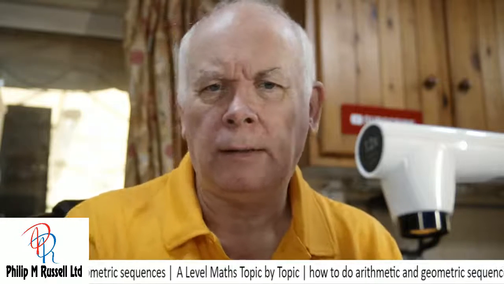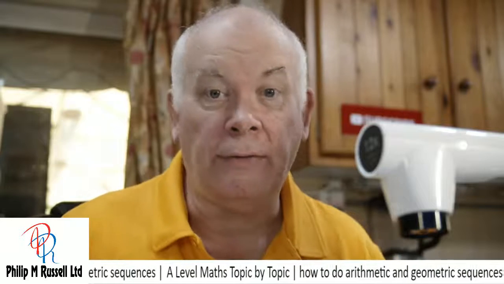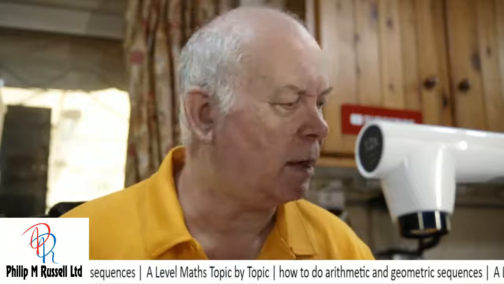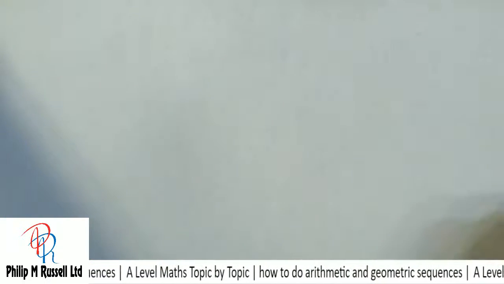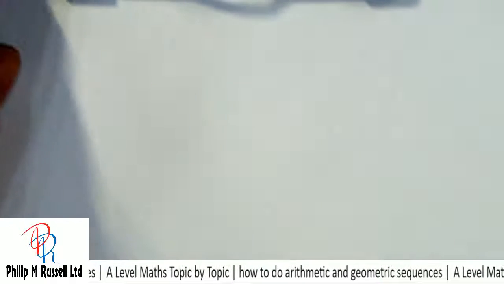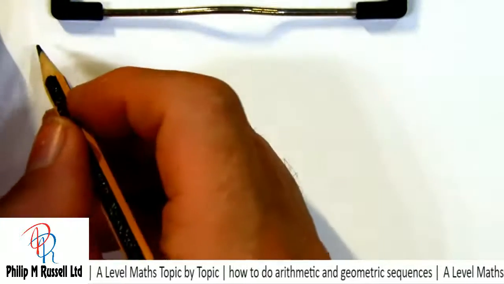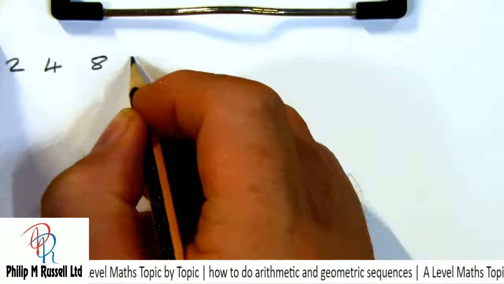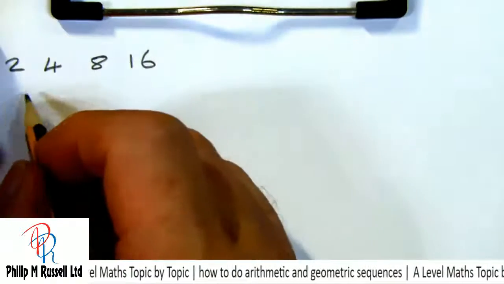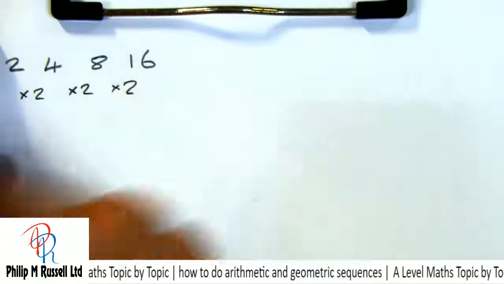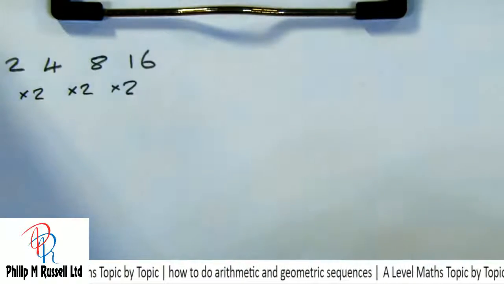Okay, let's have a look then at another type of sequence which works in a similar way, but this is a geometric sequence. Now, a geometric sequence is basically where we're going to have a different system. So let's take some numbers: 2, 4, 8, 16. Here, each one we can see is multiplying by 2.